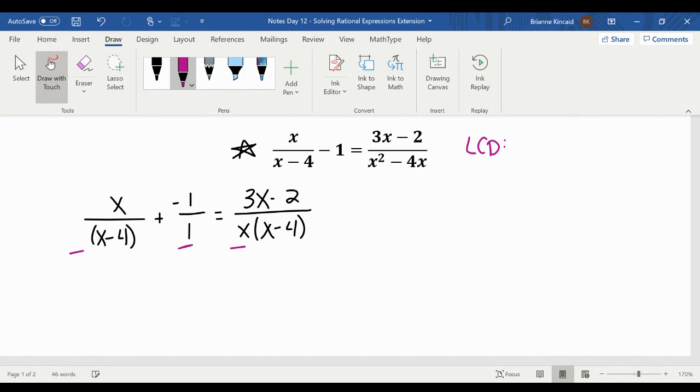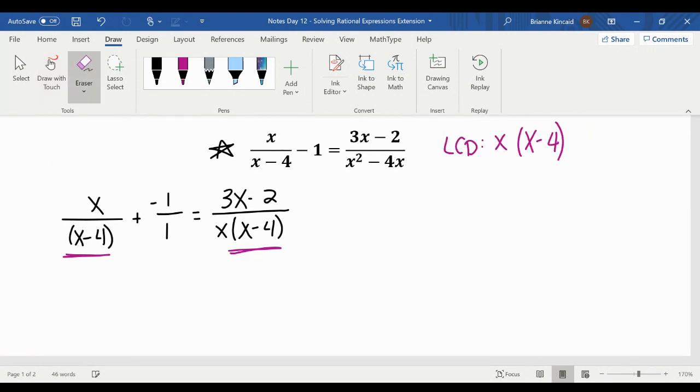But I do need to make sure I take care of that x, so my LCD has to contain just an x. I then go through and look at anything that I have that's a binomial or higher. I have an x minus 4 and an x minus 4, so my LCD also needs to contain an x minus 4.